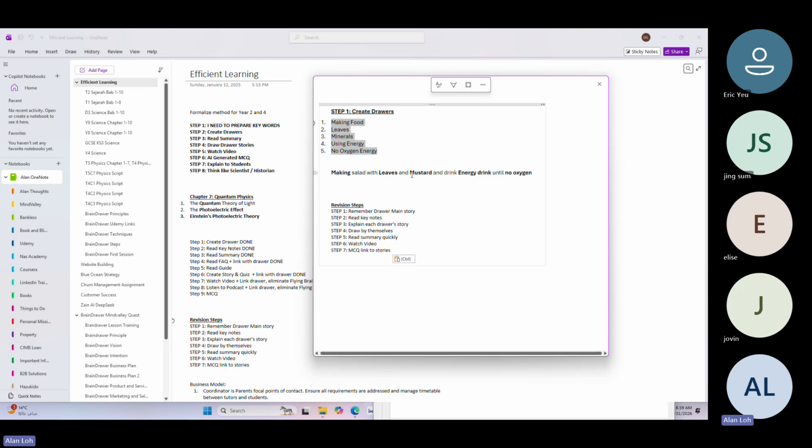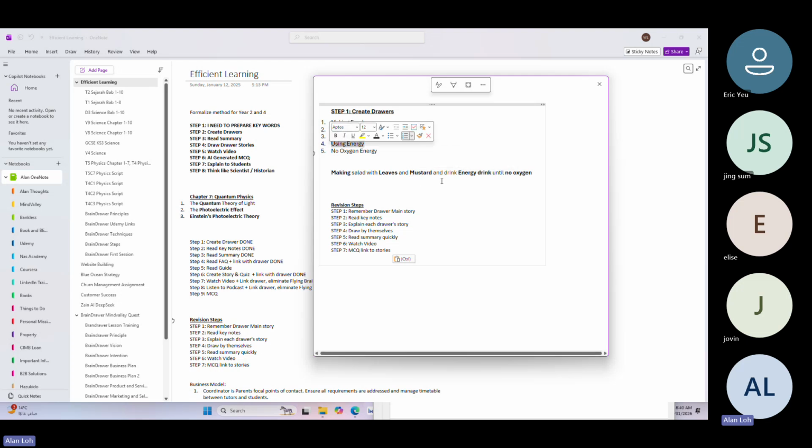With leaf and mustard, the second drawer is the name itself, leaf, because we are learning things related to leaf, the characteristics of leaf, if you still remember: the large surface area, the wax, the vein, and also the chlorophyll, right? Then minerals, I replace it with mustard because it starts with M, because salad comes together with mustard, not with minerals. So that's how we are able to remember the third drawer is minerals.